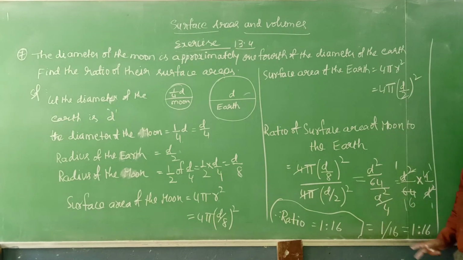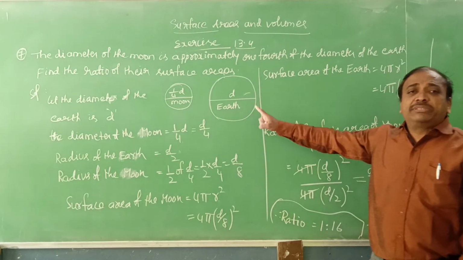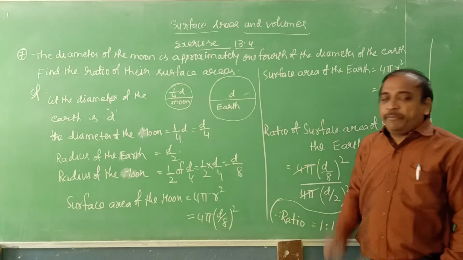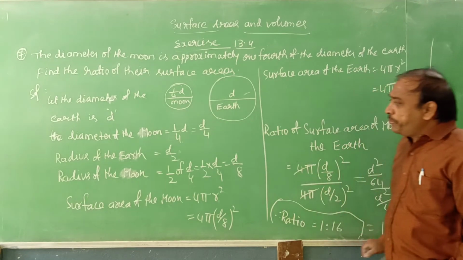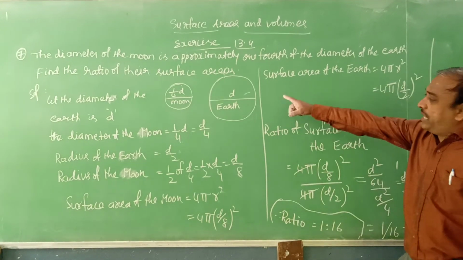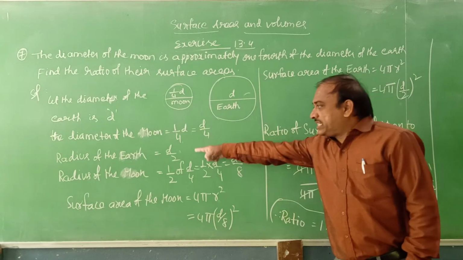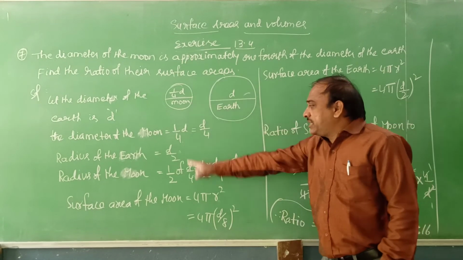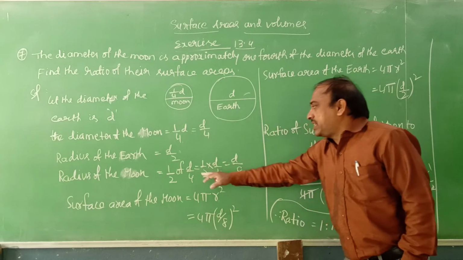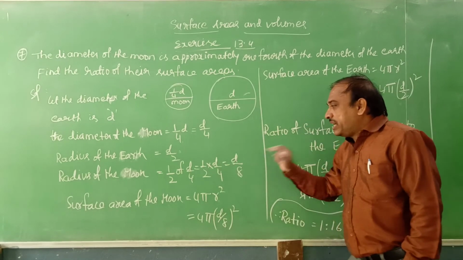What do we do here? We first assume that the diameter of the earth is d and the diameter of the moon is 1/4 of the diameter of the earth, and radius is half of the diameter, so d by 2 is the radius of the earth, and the radius of the moon is half of d by 4, which is d by 8.